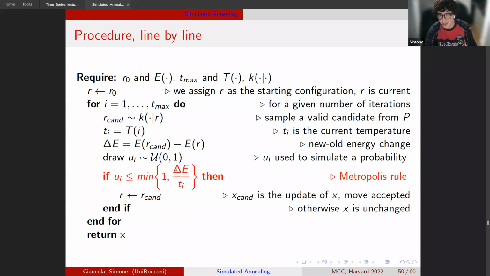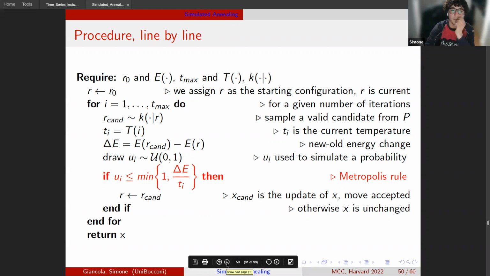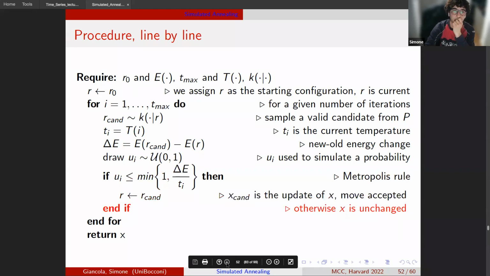If the change in energy is positive, we do not always accept. If the change in energy is negative, we always accept. Otherwise, X remains unchanged, and we go on with the iterations, proposing others.